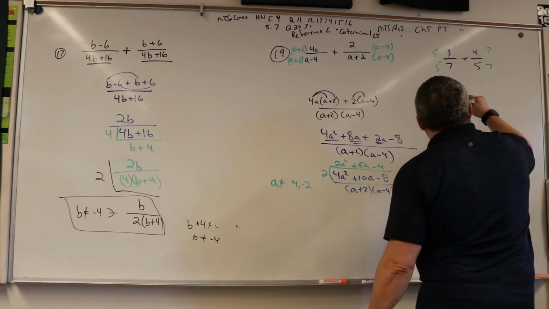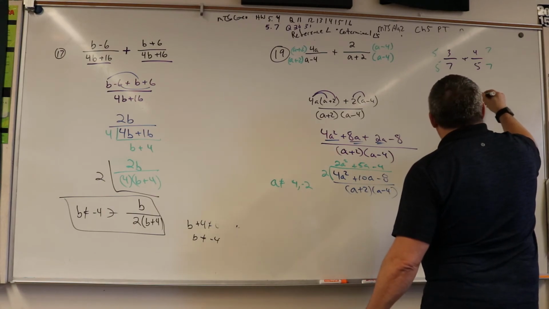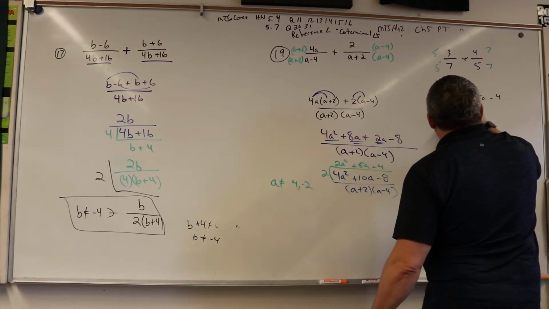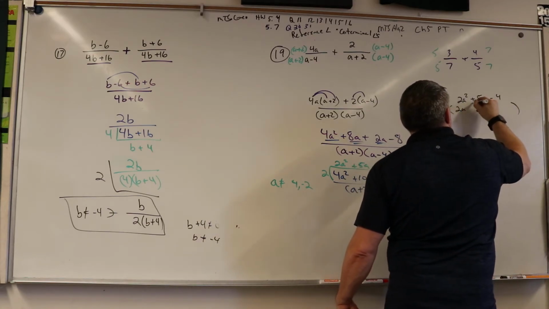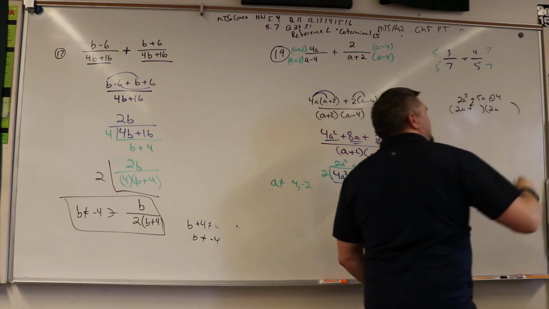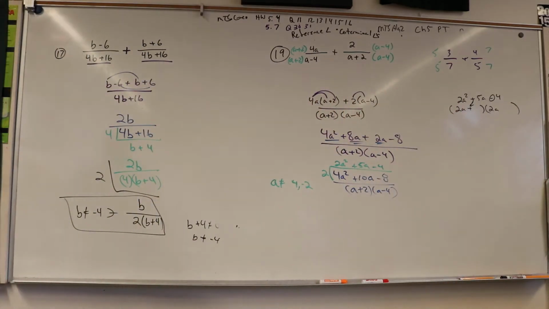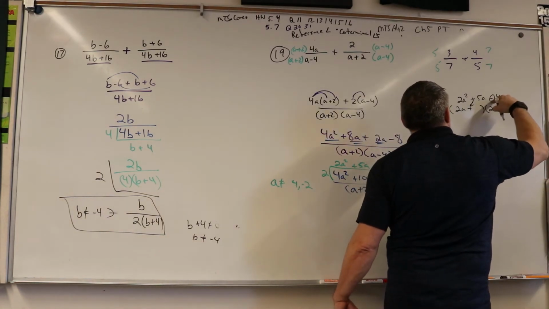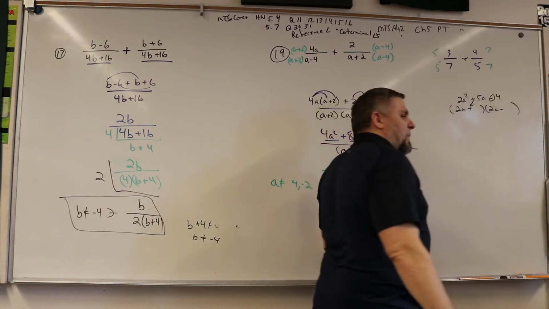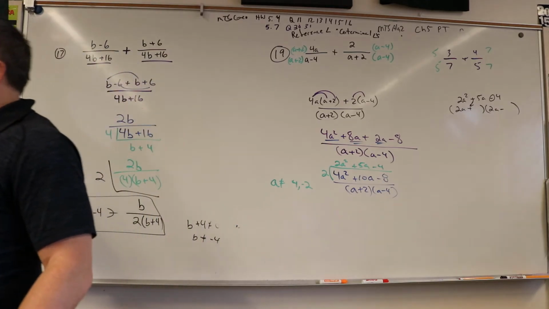Let's think about this. 2a squared plus 5a minus 4. That would be 2a plus, and the minus tells me they're the same or different? Different. Oh, wait. Sorry. Okay. Different.